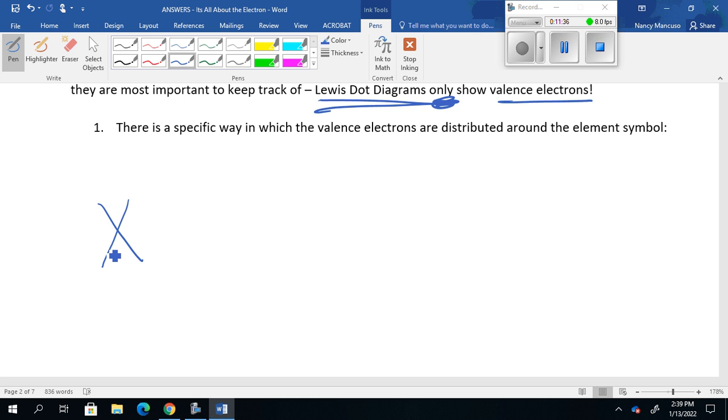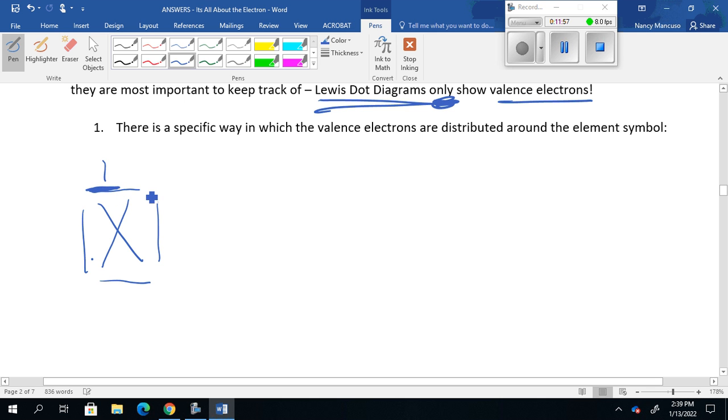Remember that 8 is great. The goal is to have 8. There are 4 sides where I can show these 8 valence electrons, and each side is broken into 2 spots. This is my spot 1, and this is my spot 2.